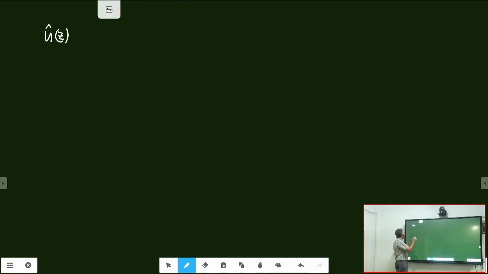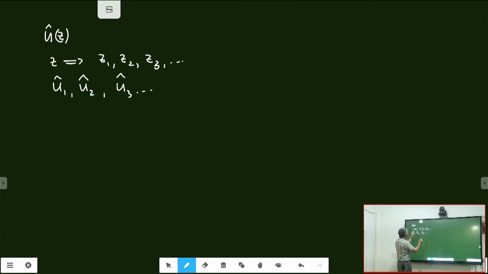You have to say, well, I don't have z, you have z1, z2, z3, and so on. So you pick a grid of points, right? You cannot really define the function; you have to define the function at particular points. So therefore you have u1, u2, u3, and these are the values of the function which you're looking for, but the values at specific grid points.